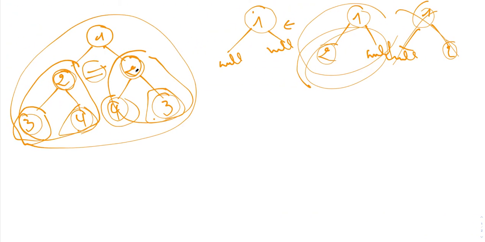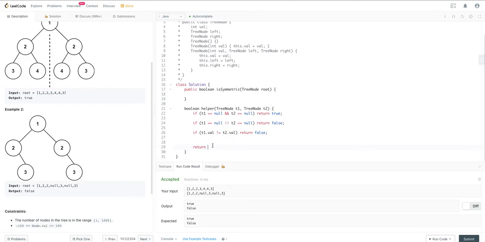Now the next subtrees that we need to check is the left of this should be symmetric with the right of this, and the same for this, the other way around. So helper of T1 left, T2 right, and helper of T1 right, T2 left.